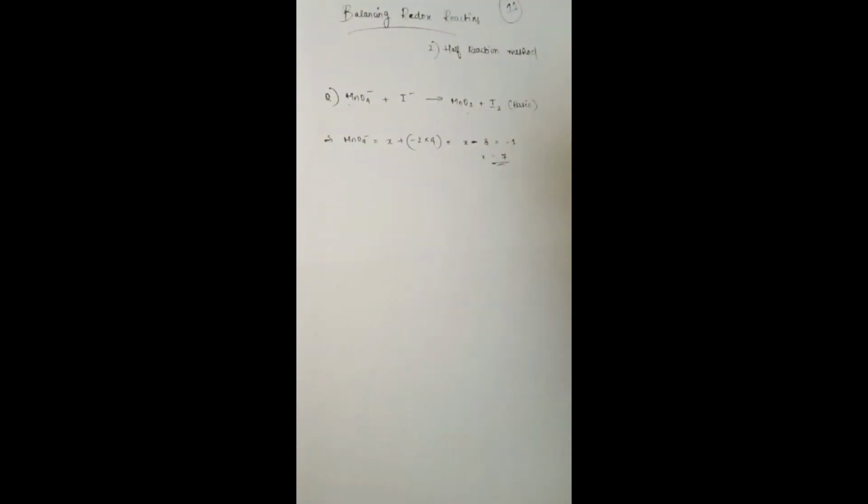Now MnO2 can be written as x plus 2 into minus 2, that is x minus 4, equal to the total charge, which is 0. So x is equal to 4.